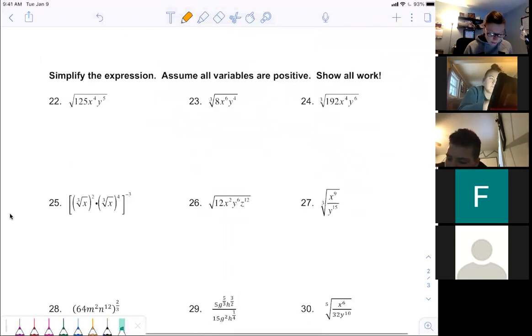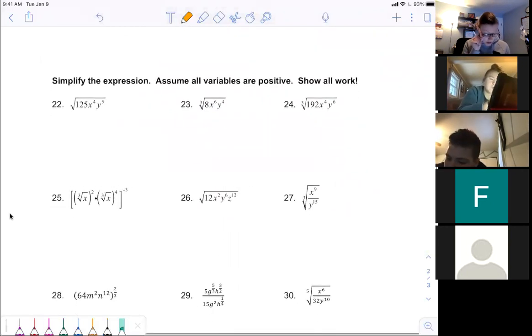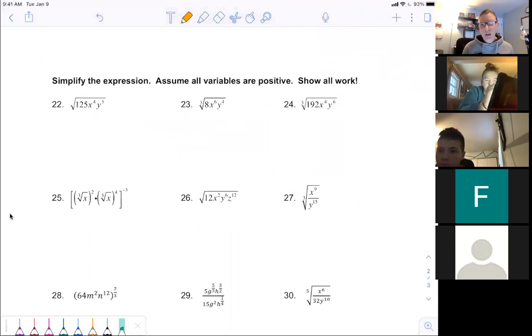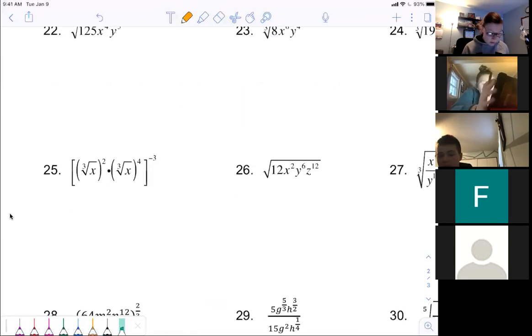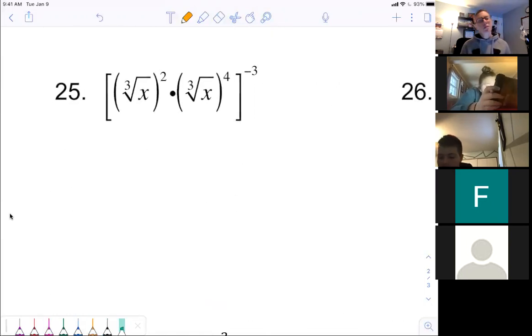The last group of problems here, you can see these are the expressions containing variables. It says assume all variables are positive, which is what we've been talking about. You can see some of them, like number 29, have fractions in there. So just remember when you're subtracting the fractions, you have to have a common denominator. Looking at number 25, this is similar to the one that we went over with the exponents.